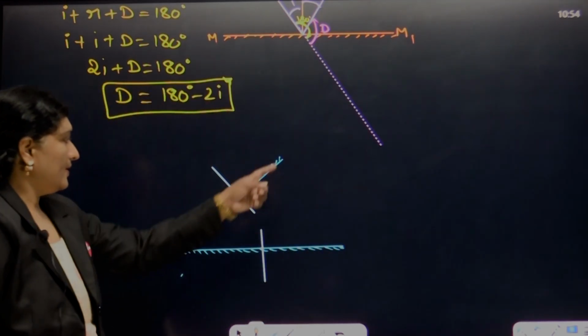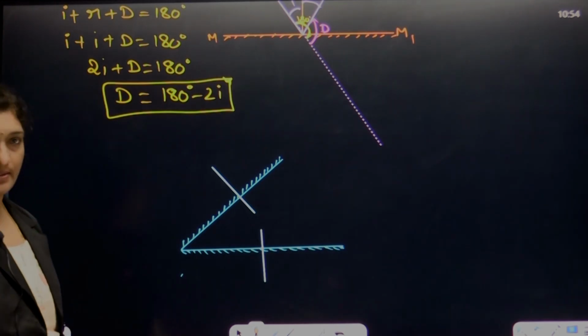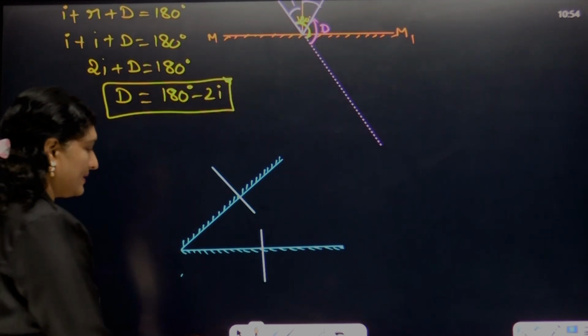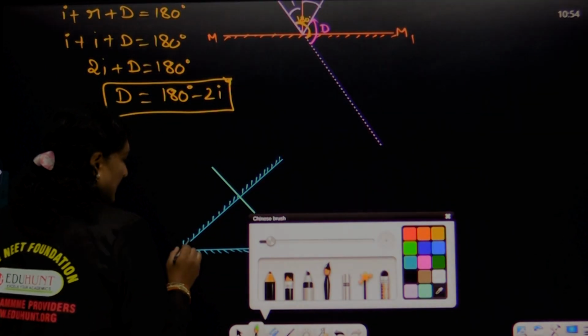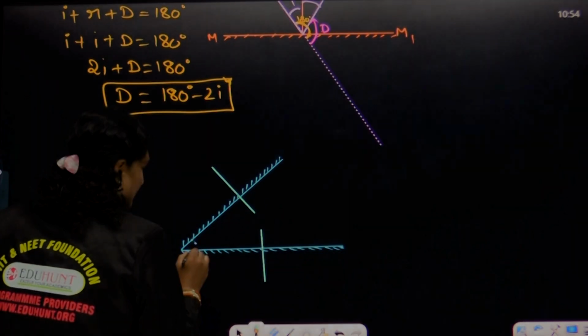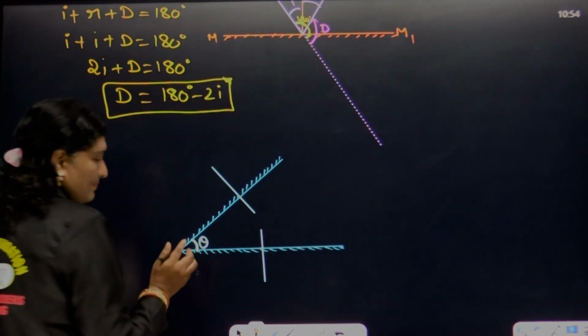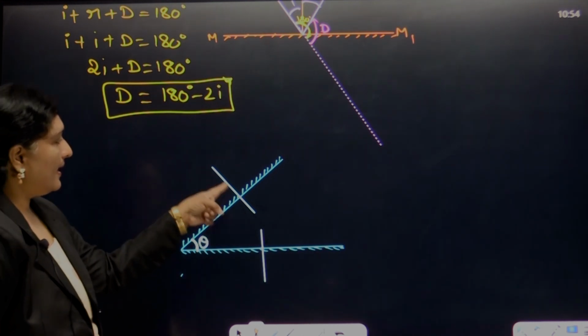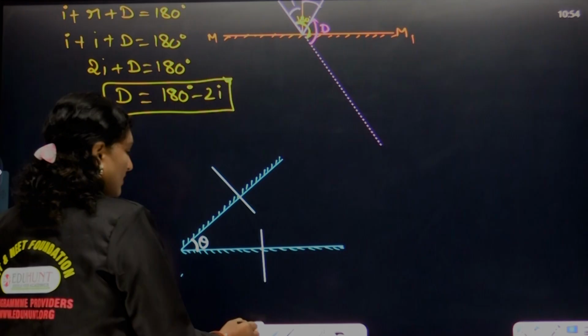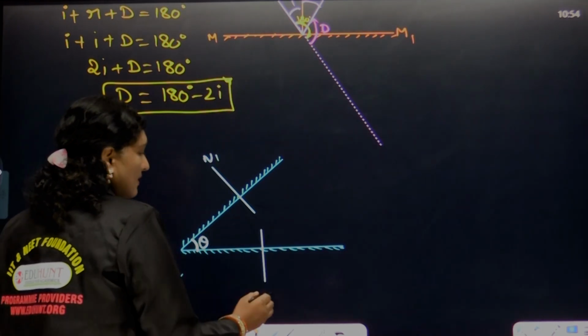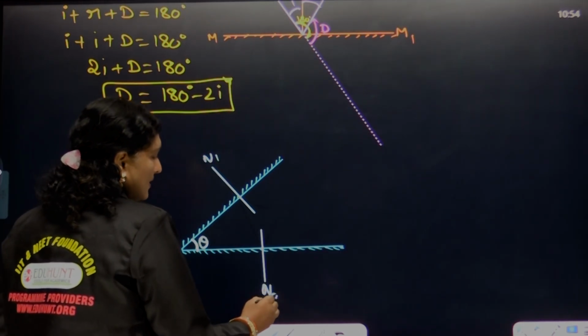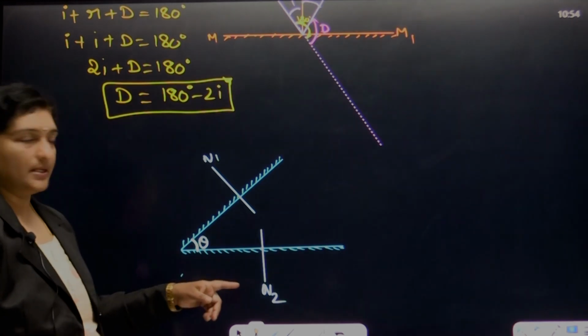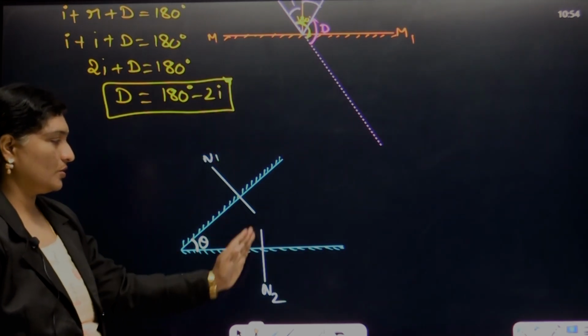So, we were given two plane mirrors inclined at some angle. Let us indicate that angle as theta. These two mirrors are kept at an angle theta between them. And let a normal N1 be drawn to the first mirror and another normal N2 be drawn to the second mirror. Normal means perpendicular drawn to the mirror.